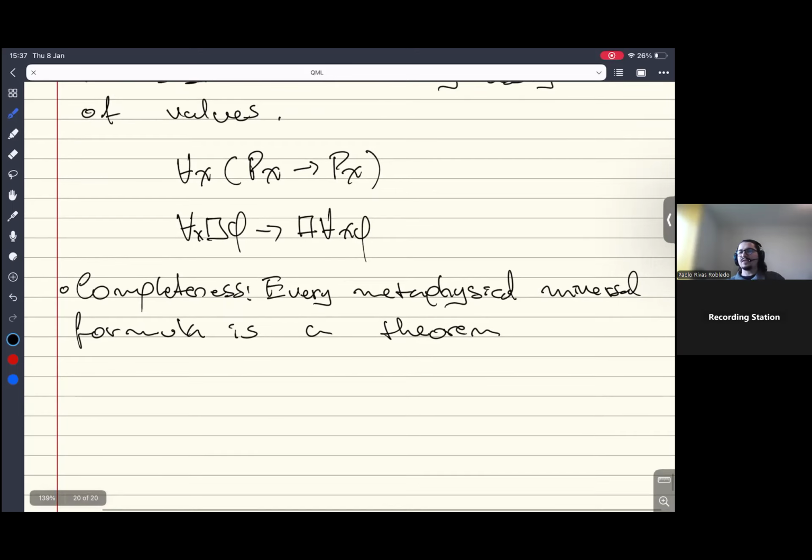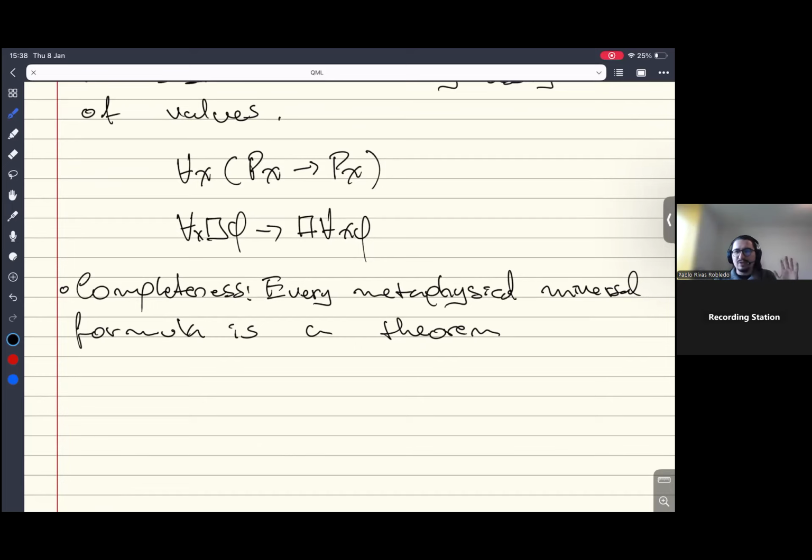So the inhabited intended model structure is going to give you a bunch of truths, right? And some of them, what we want is to map which are the ones that are metaphysically universal, and we do that by looking at the second order propositional modal logic. Once we have that, what we just need to prove is that every one of those is a theorem.